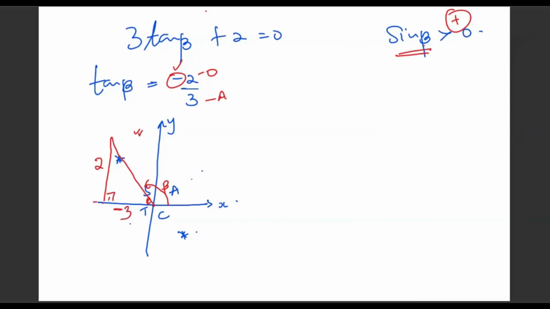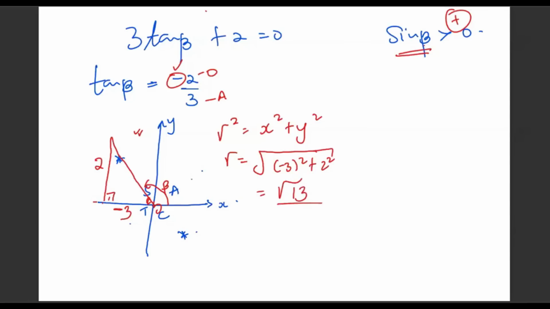Then we need to use the theorem of Pythagoras to determine the missing side, which is the hypotenuse. Meaning that our r is going to be the square root of negative 3 squared plus 2 squared. Okay, so what do we get there? We have 3 squared plus 2 squared, so we're getting square root of 13.